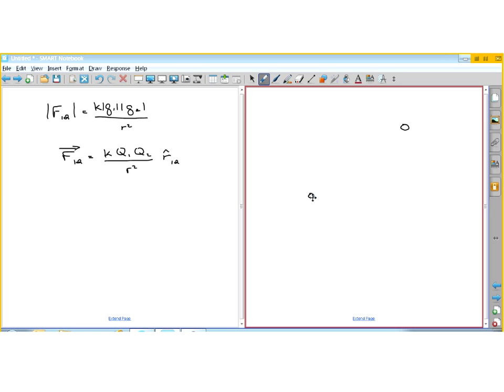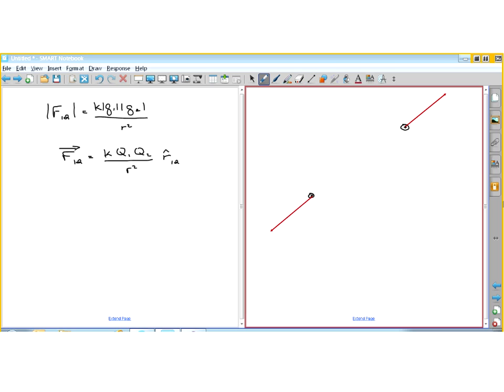Let's say they're both positive, just for argument's sake, and what that means is the force is going to be in this direction. If I were to extend this, it would go right through there. So one's going to go this way, and one's going to go the other way, because they're equal and opposite.